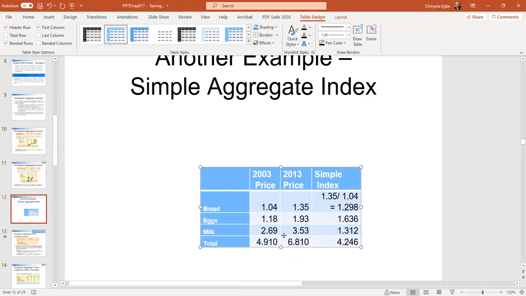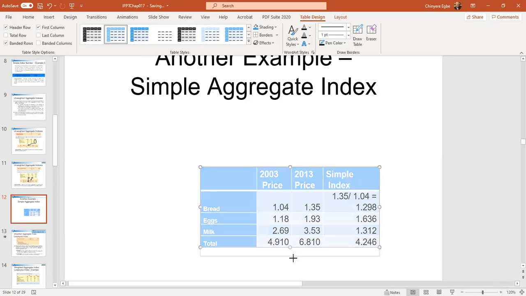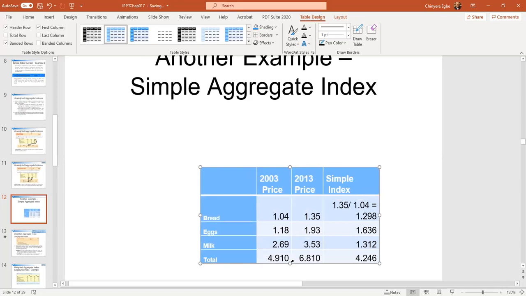Now what you do is you add up all the prices for 2003, which gives you $4.91. You add up all the prices for 2013, which gives you $6.81. So now, in order to get the index of relative prices, you divide $6.81 by $4.91.